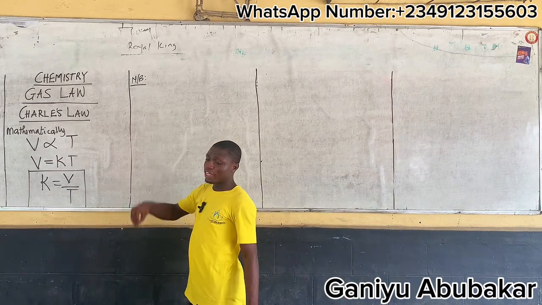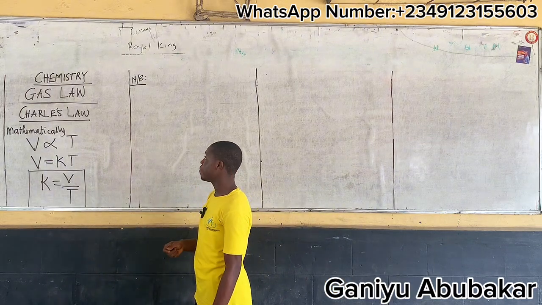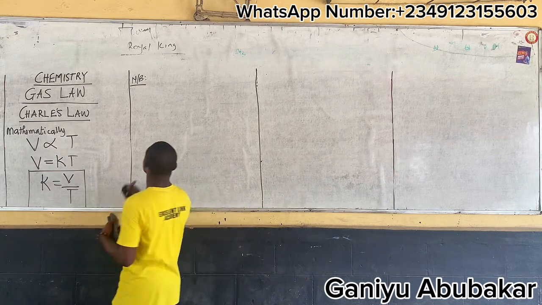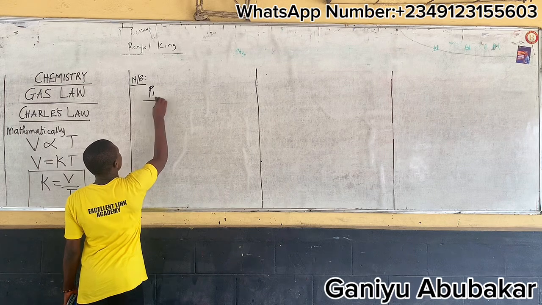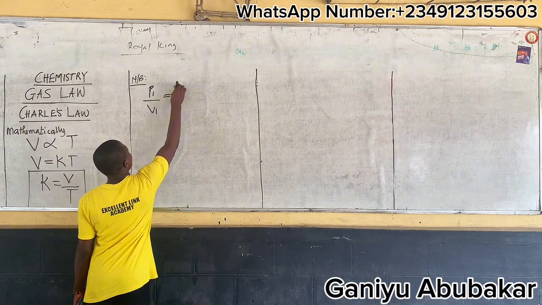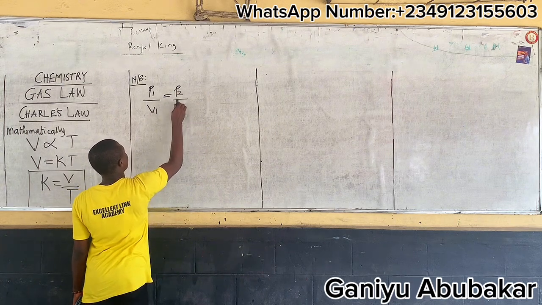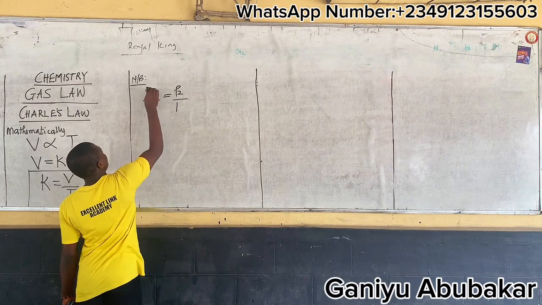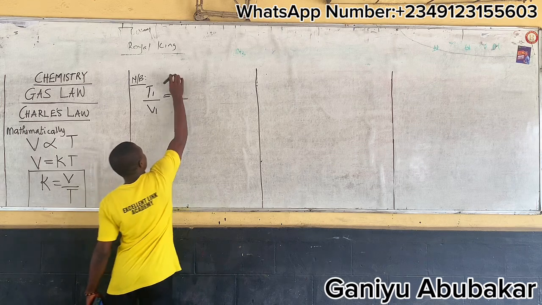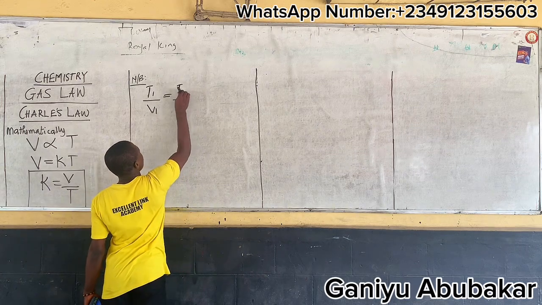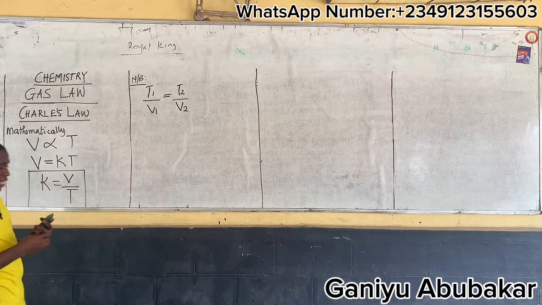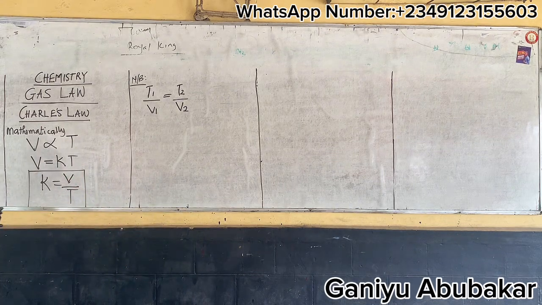If pressure is kept constant, Charles' law can also be expressed as V1 over T1 equals V2 over T2.